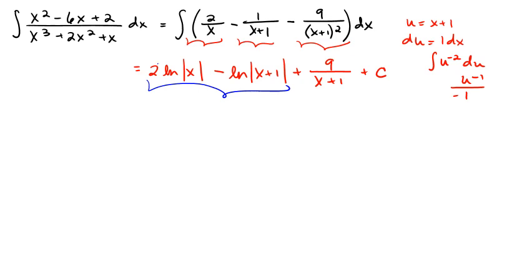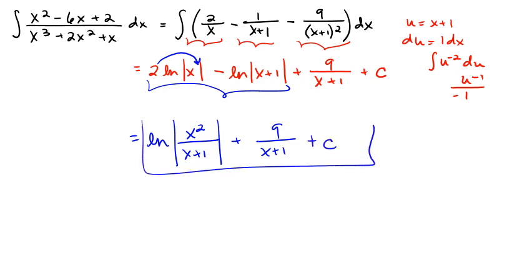So remember, this 2 can become an exponent here. So this will become the natural log of the absolute value of x squared over x plus 1 plus 9 over x plus 1 plus c. And that is your final answer.